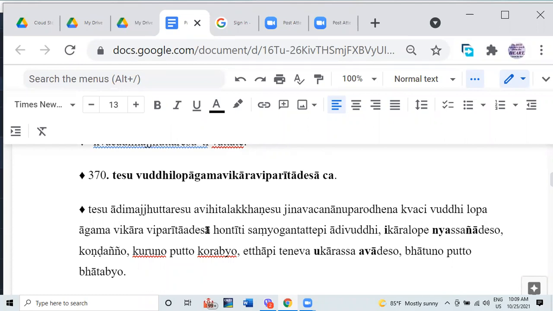Okay, let me explain this Avihita Lakkhanesu part. Avihita is modifying Lakkhana. Lakkhana is neuter gender, so Avihitani also.